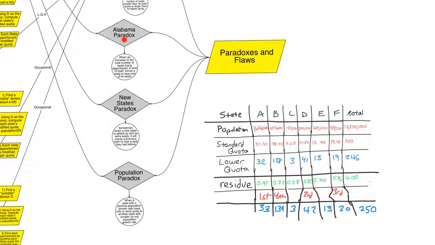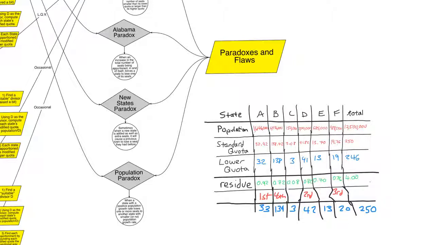Interestingly enough, even when you increase the number of seats to be apportioned, it's possible for one of the states to then lose a seat. That seems like it shouldn't be possible, but that's why it's a paradox. In other words, if this goes up to 251, it's possible that state F might go down to 19 and lose one of its seats.